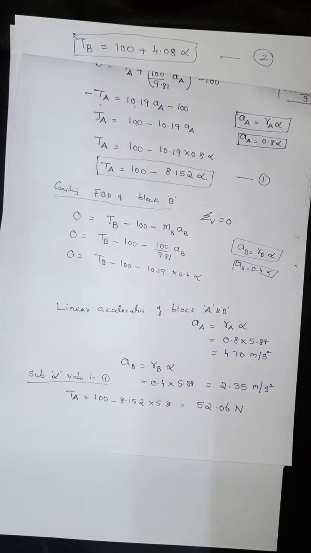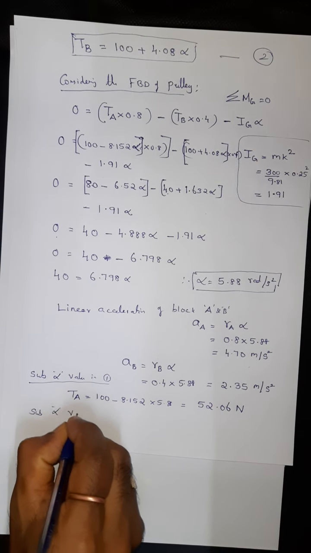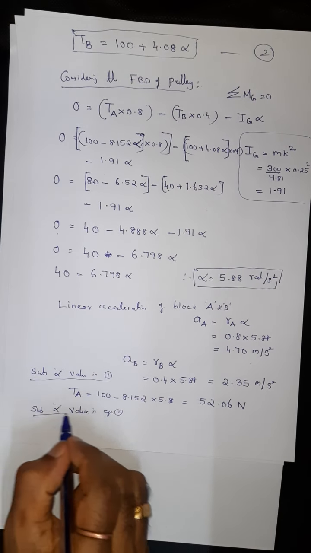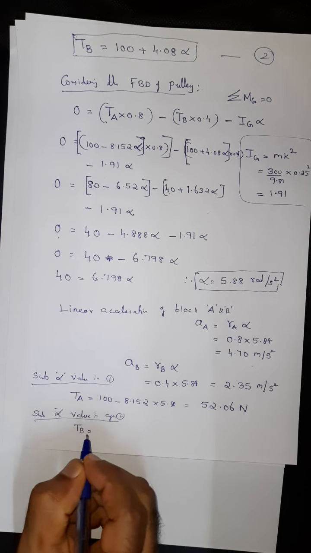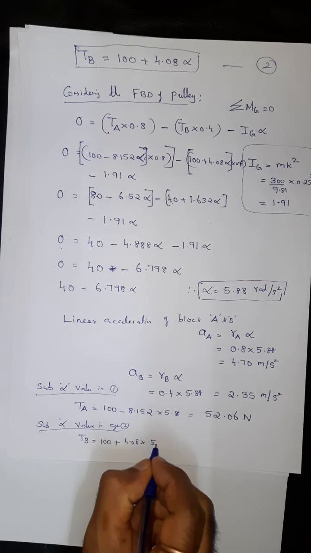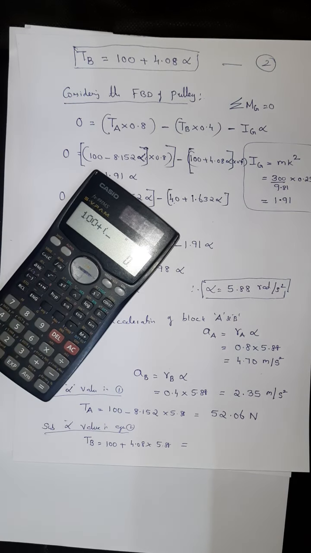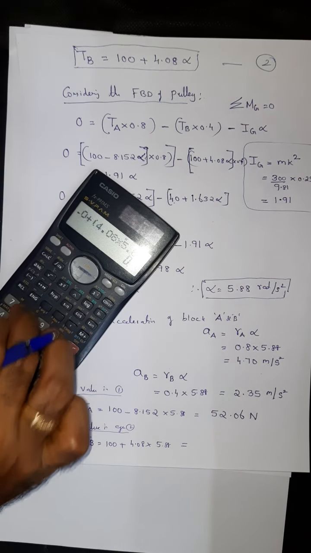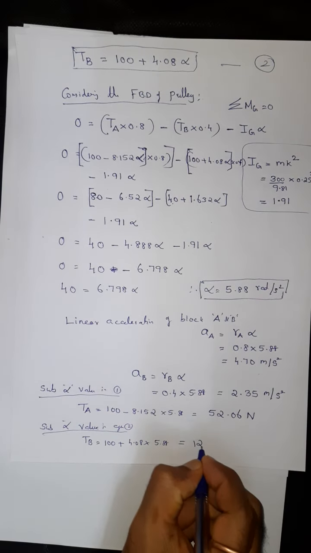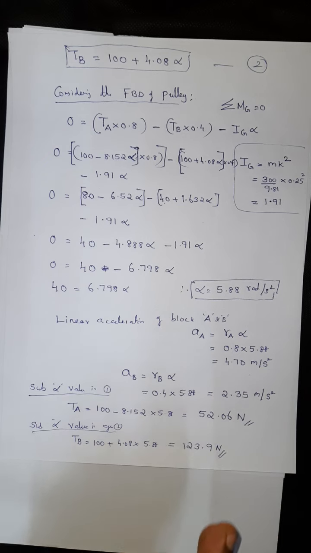Then substitute the alpha value in equation 2. TB equals 100 plus 4.08 into 5.88, which is 123.9 Newton.